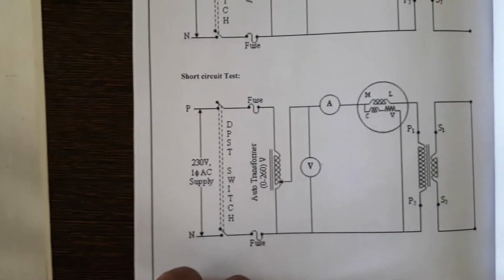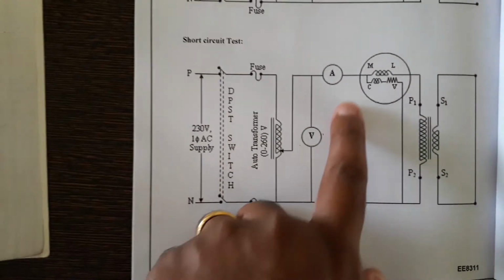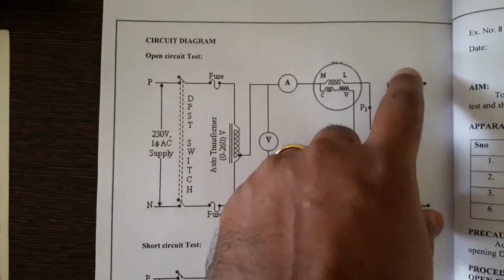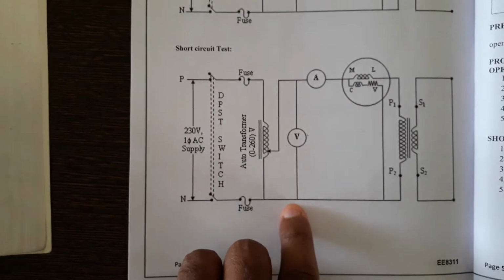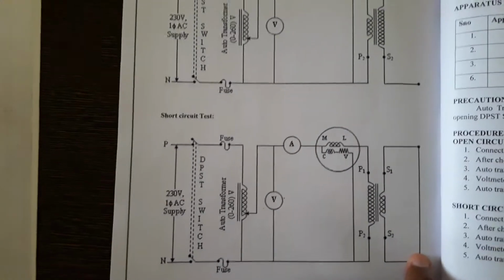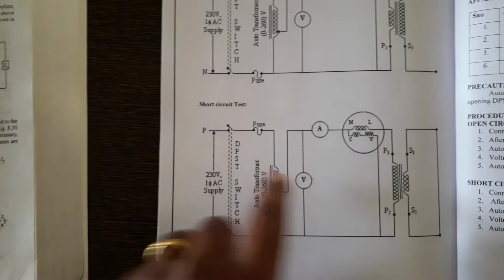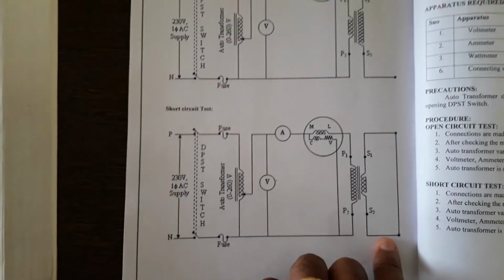Then the short circuit test. Here we are going to measure the short circuit current. In the open circuit test we measure the open circuit voltage across the secondary terminals, whereas in the short circuit test we measure the short circuit current across the secondary terminals. It is the same experimental setup, where the secondary is now shorted with the help of a wire.